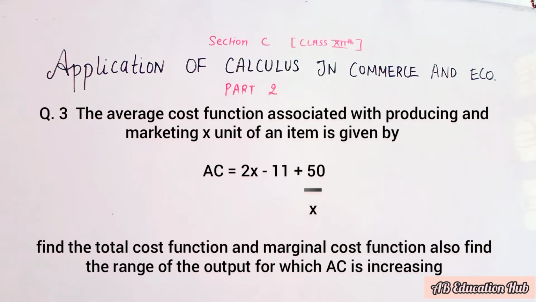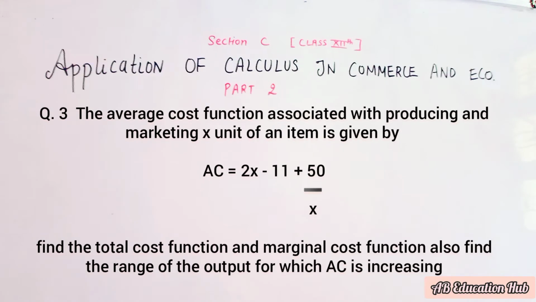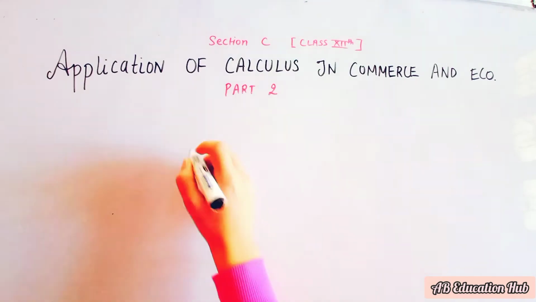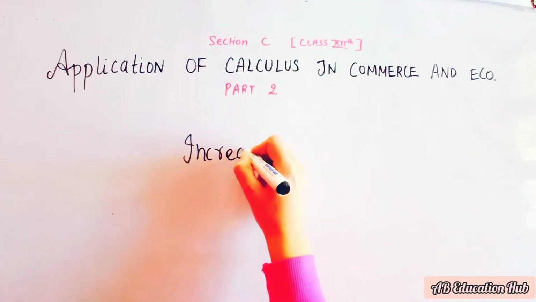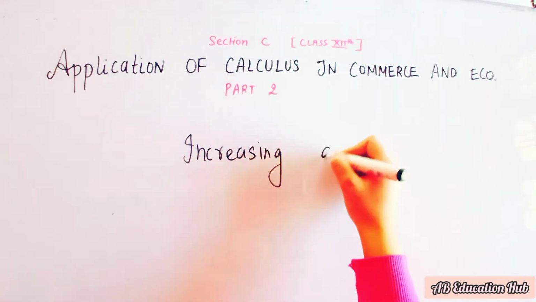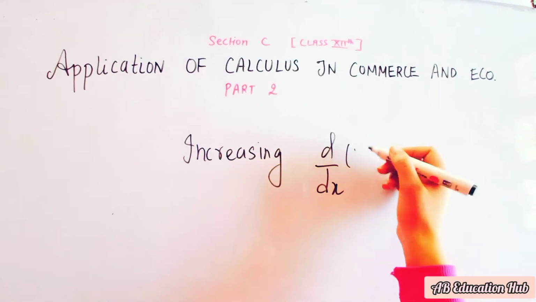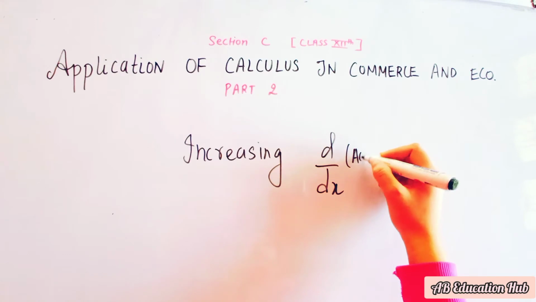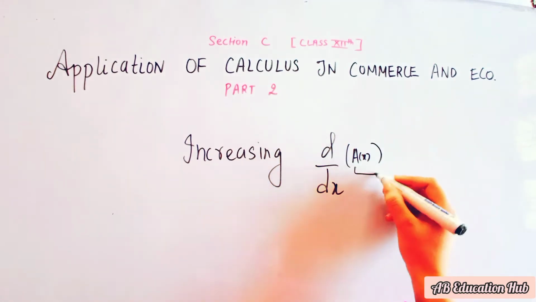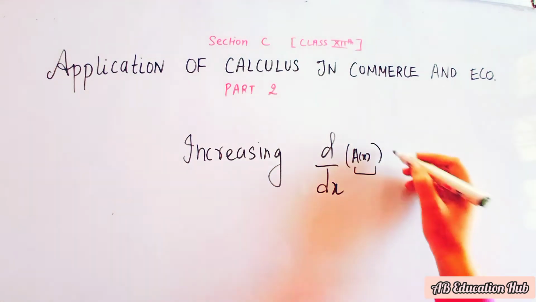Now this is slightly a different question because it asks for the range of the output in which AC is increasing. In this question, you just need to clarify that whenever it's written increasing, it means that dy by dx of any function, let us say a function of x, is greater than 0.